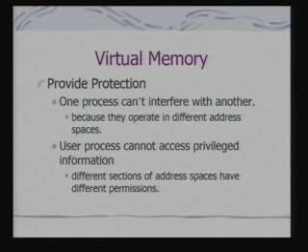This we can make sure once we have implemented virtual memory, because then we shall have a clear partitioning of the address space of different processes. Further, a user process cannot access privileged information because different sections of address spaces can have different permissions. This is particularly important to have an enhanced security feature on our embedded systems.